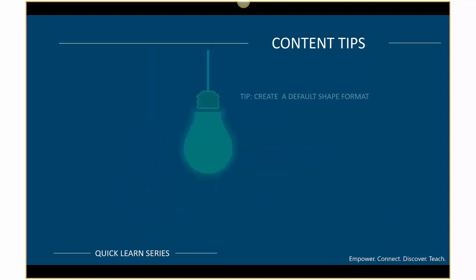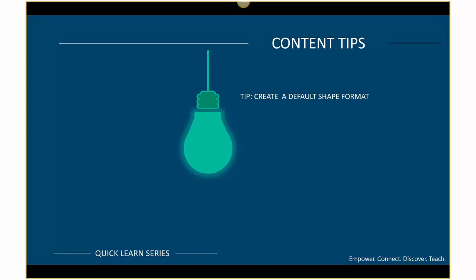All right, the next one I'm going to talk about here is creating a default shape format. So sometimes when we're creating presentations, we have a certain look that we want all shapes to be. So if we're making a circle on multiple slides or making a bounding box on particular sets of information, we want that all to look the same, and it can get frustrating to constantly do a no outline or change the outline to red with a higher point percentage or something like that.